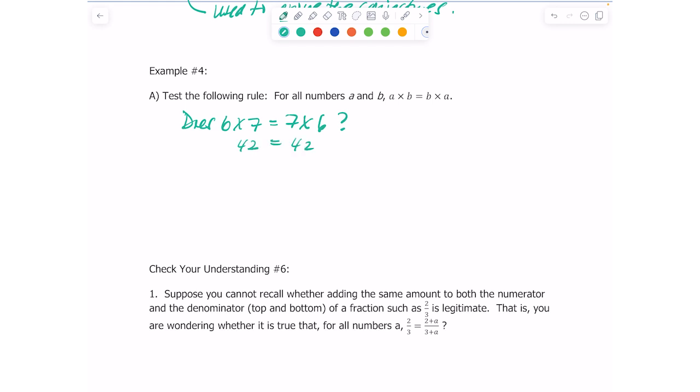So in other words, it doesn't matter if we rearrange the terms in the expression, we still get the same answer for multiplication. And you can try that with anything. So that's a strong inductive argument in favor of a rule. Okay, we still haven't proved the rule, but it gives us confidence.